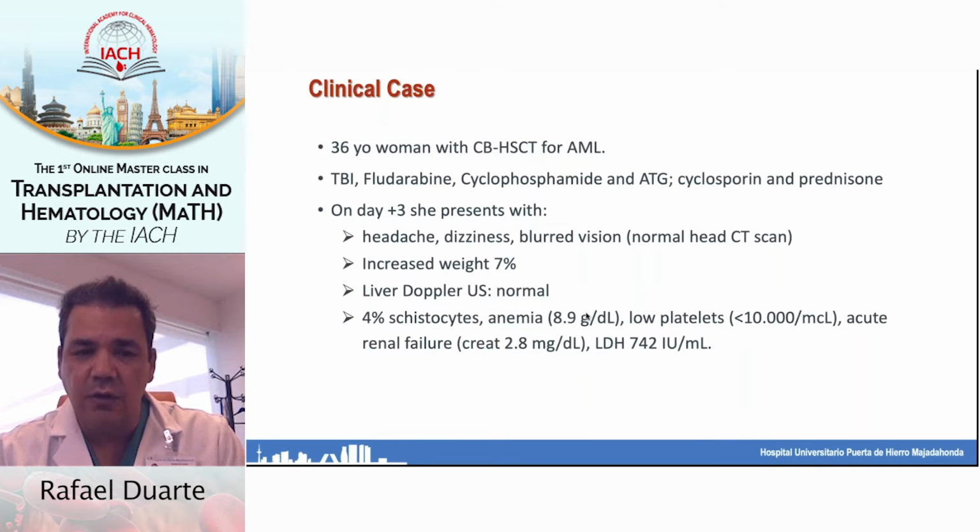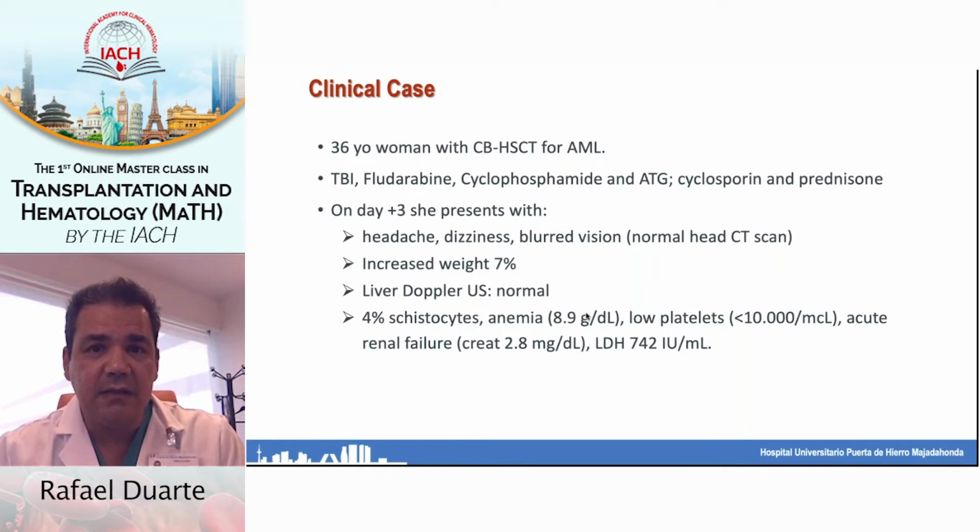So that was normal. And then in the blood test, schistocytes, anemia, low platelets, and acute renal failure of new onset and high LDH. So there are all these symptoms that don't fully define any of the diseases, but nevertheless they give us hints and ideas on how to manage this patient.